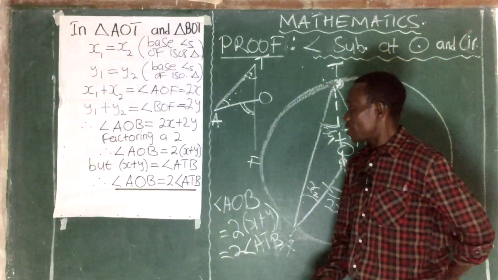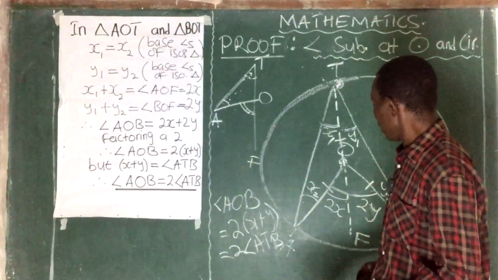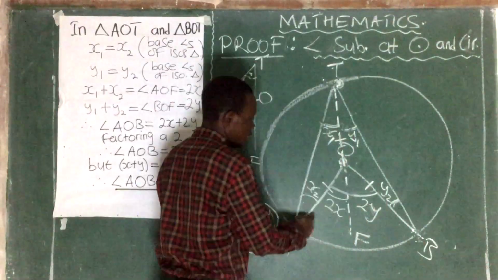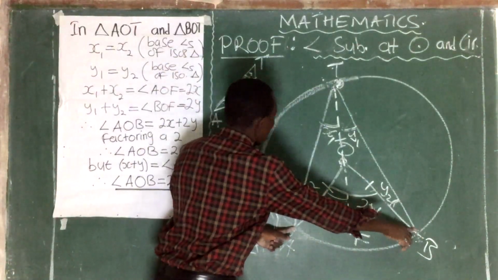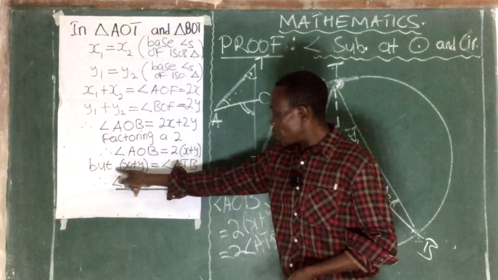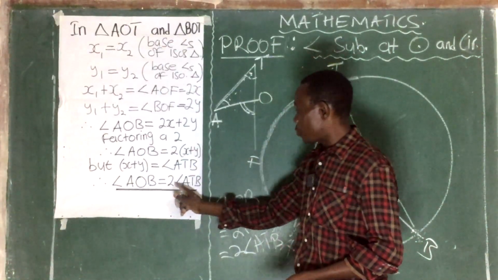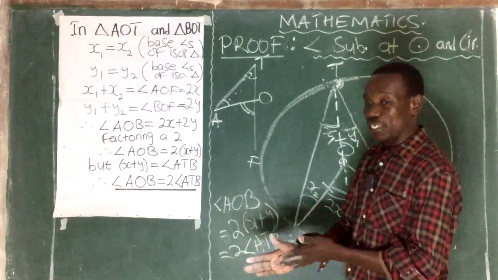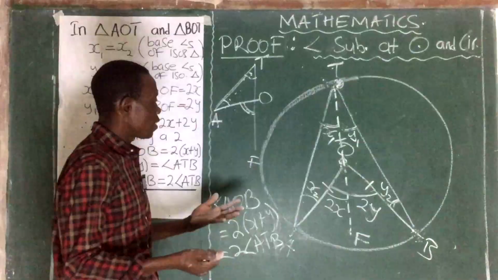So this one has at least helped us to understand that really angle at the center is twice angle at the circumference. Right, so I've concluded that way. When I've written here and look at this, this one is equal to that one, then we finally conclude that angle AOB is equal to 2 angle ATB as such.